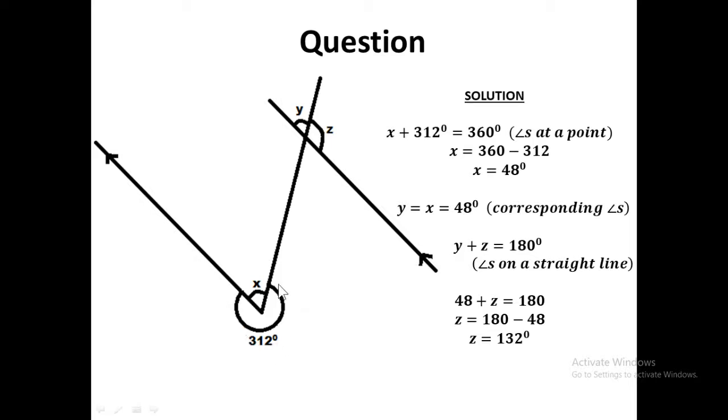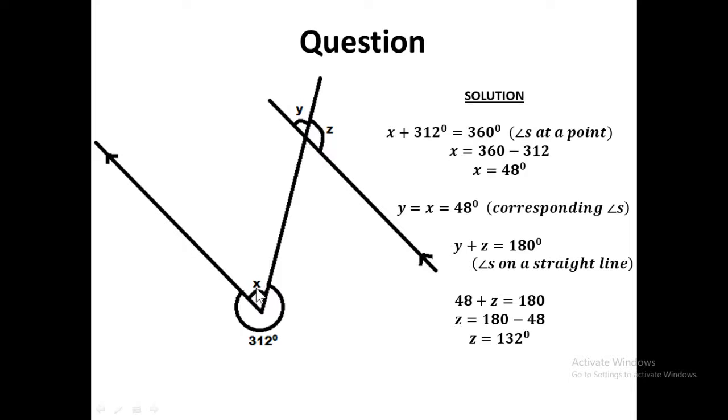We are given that the angle that is here is 312 degrees. For this to complete an angle at a point, this angle X here needs to be found. If you don't know that, go back to our previous video on line geometry and you will know what angle at a point is all about.